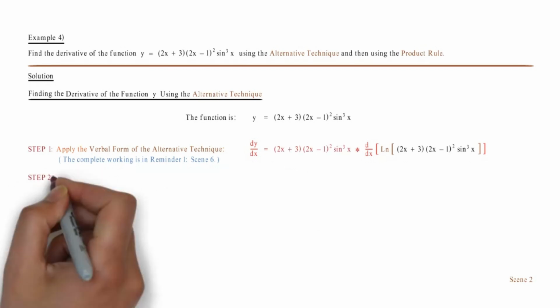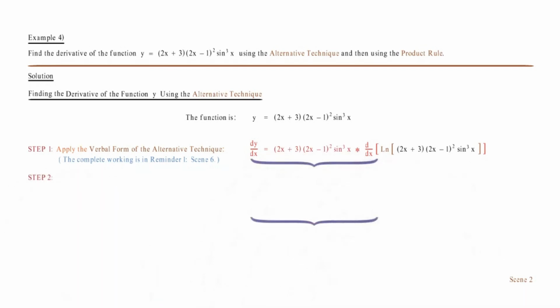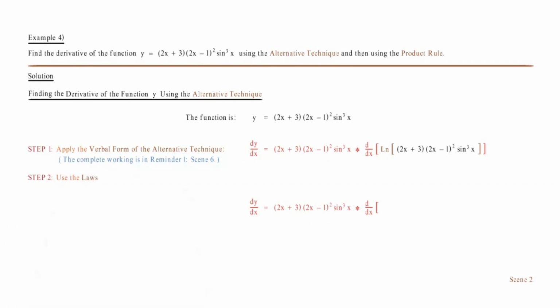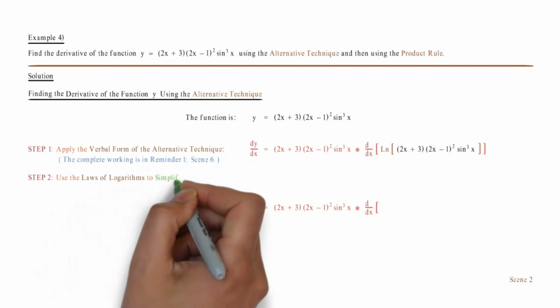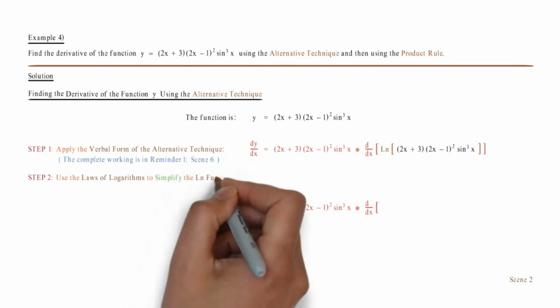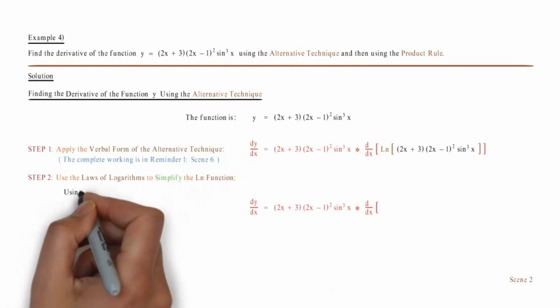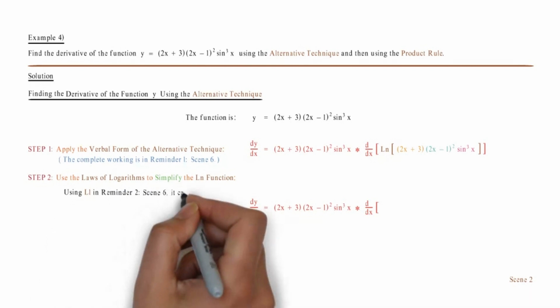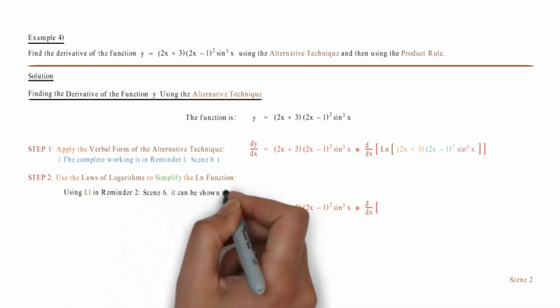Step 2. Bring down. Use the laws of logarithms to simplify the ln function. Using L1 in Reminder 2, Scene 6, it can be shown that ln of x times y times z equals ln of x plus ln of y plus ln of z.